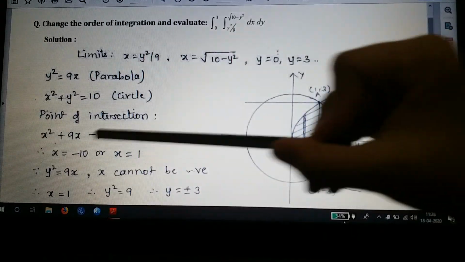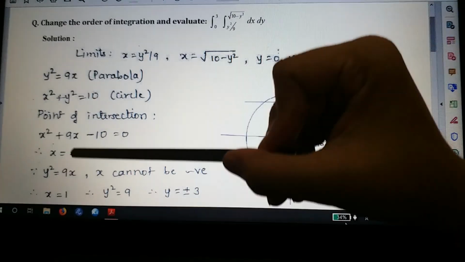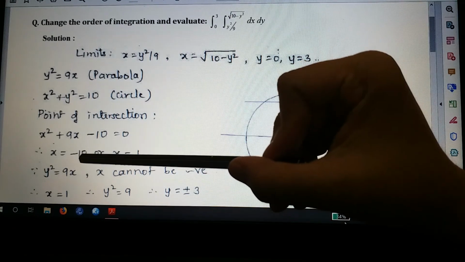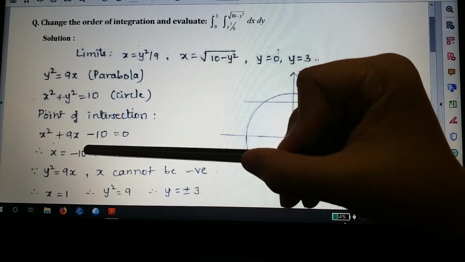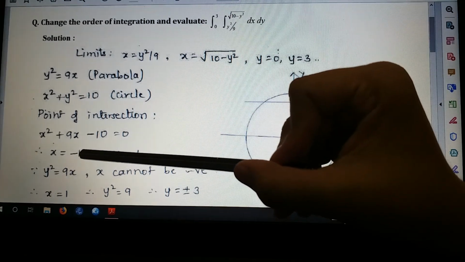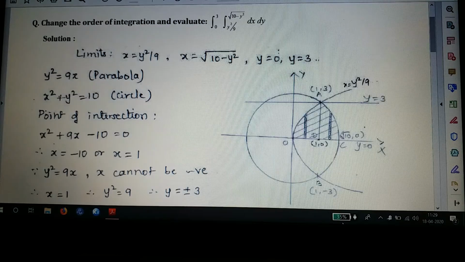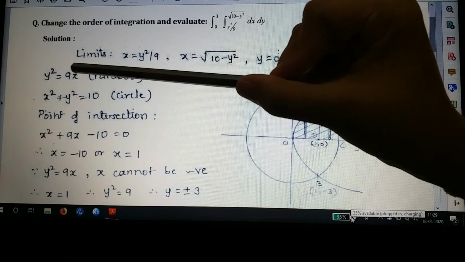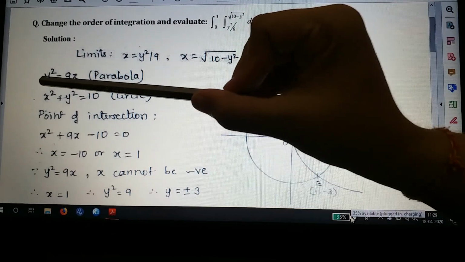We got two values of x. Now let us see what happens when x is minus 10. We want to find the corresponding value of y also. For that, we are putting the value of x as minus 10 in the parabola to get the value of y.